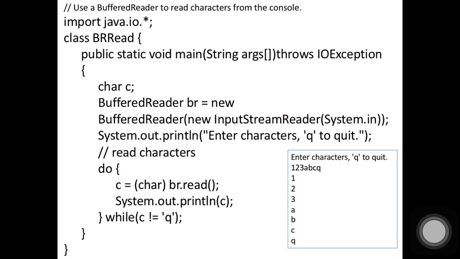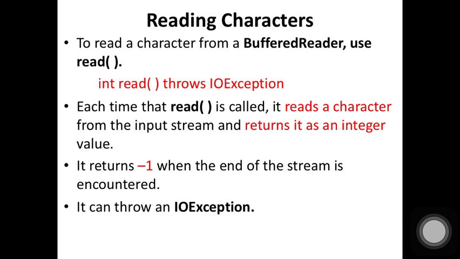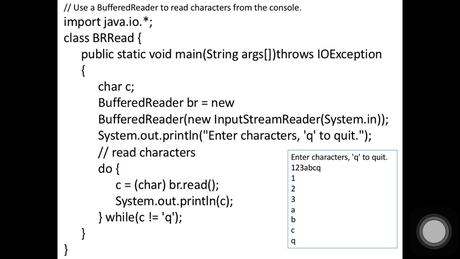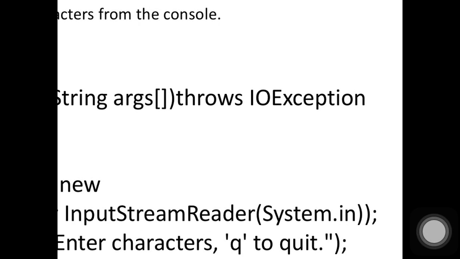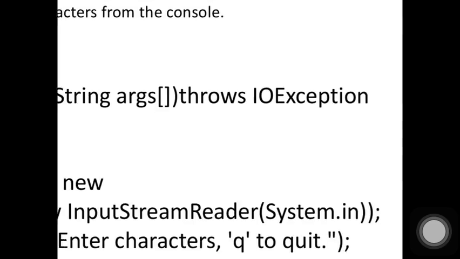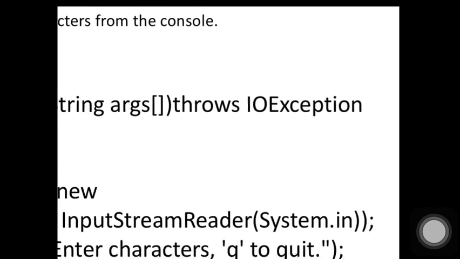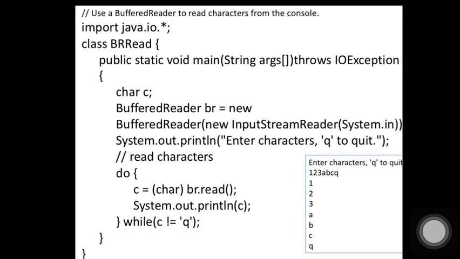Because the read method, as we discussed on the previous slide, throws IOException. Since this method is used inside main, the main method itself throws an IOException. So I just added the throws IOException clause to the main method.